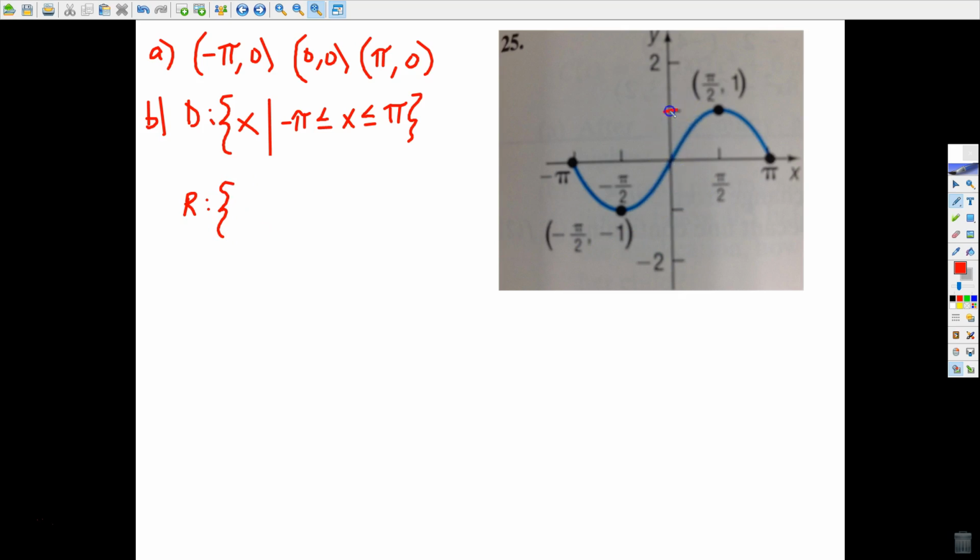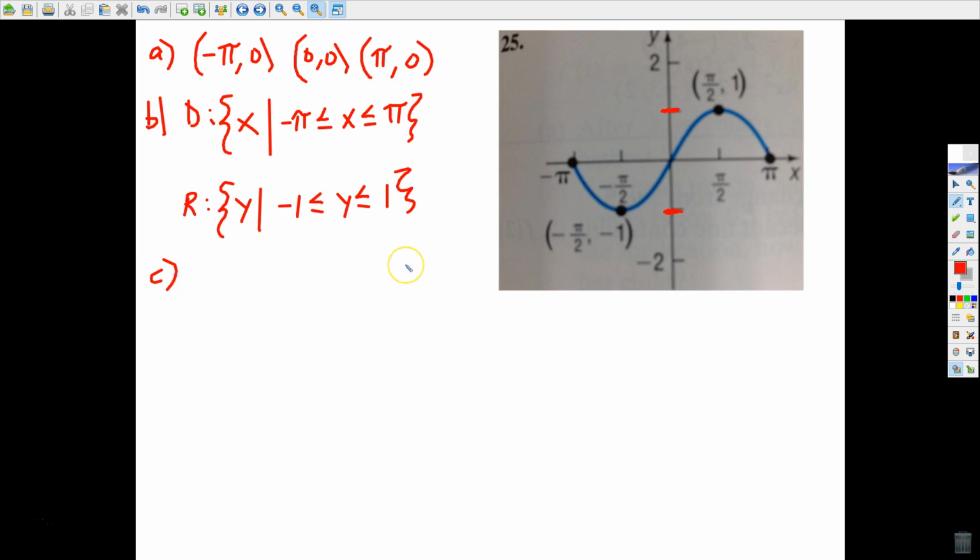Basically, this graph stretches along the y-axis from here to here, and so the way we represent that interval, that's between -1 and +1, and we're going to include those because we have solid circles at both of those places. All right, that takes care of domain and range.